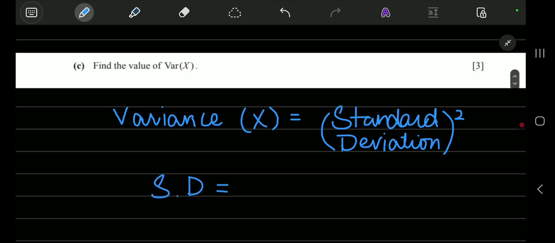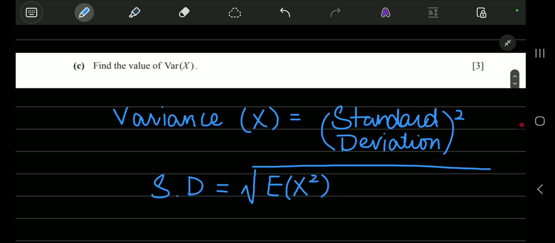The standard deviation formula is the square root of the probability of, or you can write it in the form of E, expected value of x square minus the expected value of x whole square.